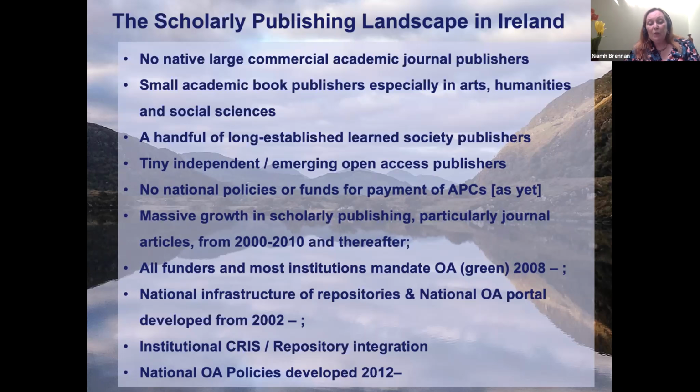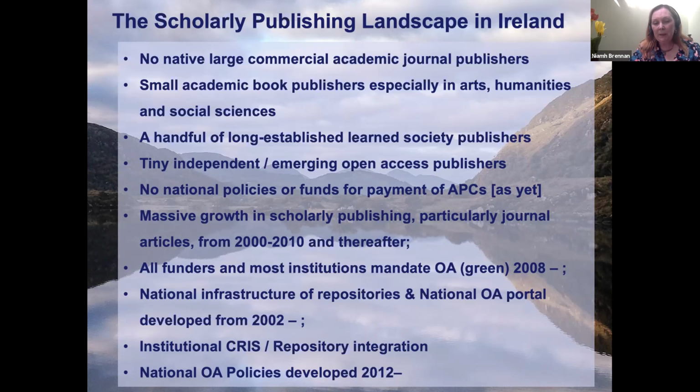We have a national infrastructure of repositories and a national open access portal that was developed from around 2002 onwards. We have, in most universities, the research information systems, the CRIS systems, with some level of integration with the repositories.